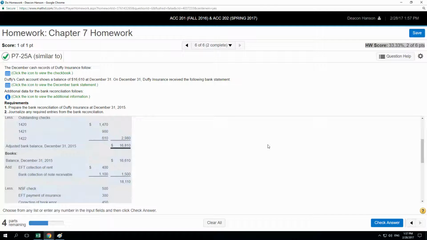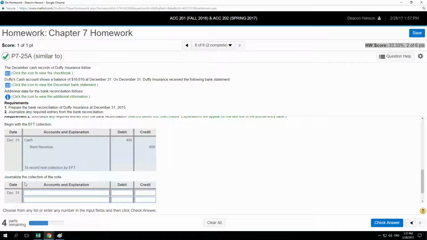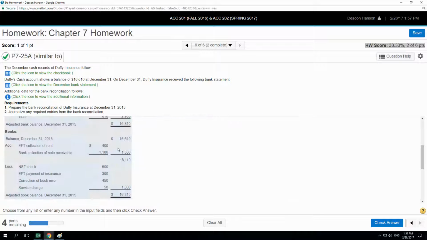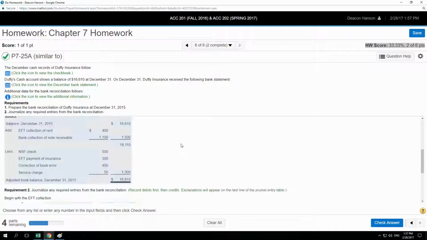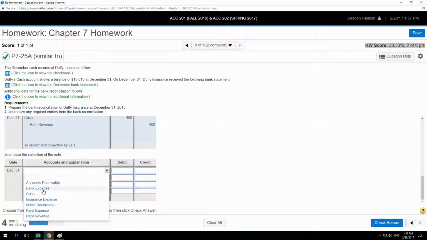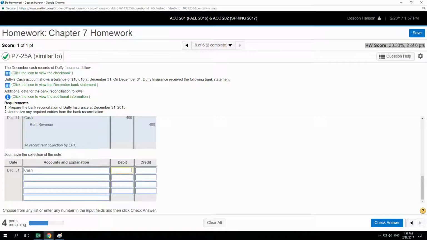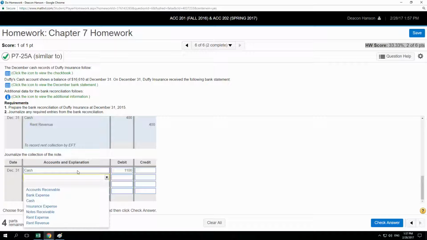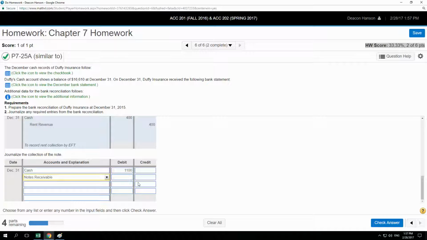Okay, then I'll take the next one. Actually, it tells me which one to do next. Journalize the collection of the note. So let's see. How much was the note? 1,100. We collected 1,100 on note. Well, again, more cash coming in, so debit cash 1,100. And credit note receivable.